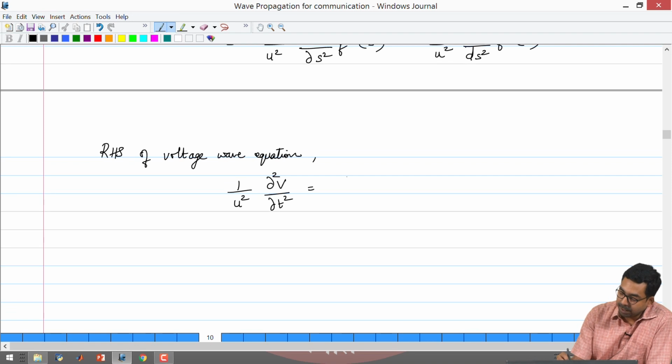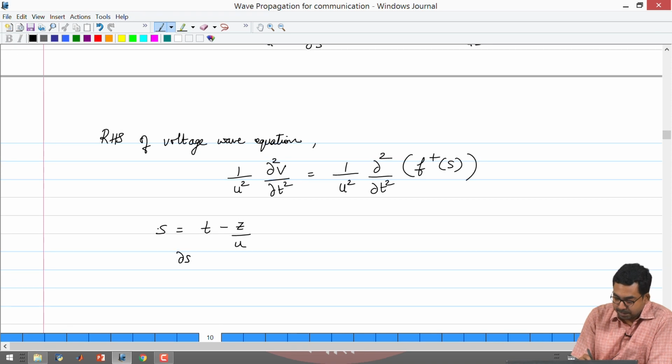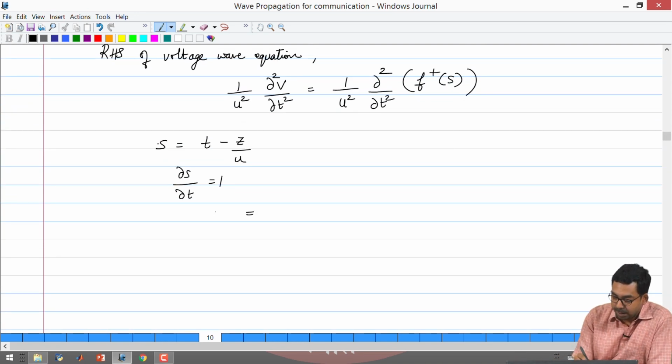So, here we will be trying to find out 1 by u square dou square by dou t square of f plus of s. So, now we can go ahead and try to find out what the derivative with respect to time is going to be. So, we have dou s by dou t to be equal to 1, right. So, the first derivative with respect to time is going to be equal to 1. So, we will be having RHS as 1 by u square.